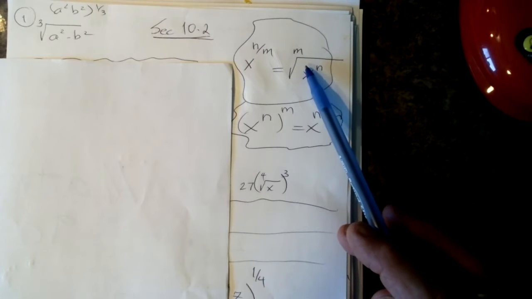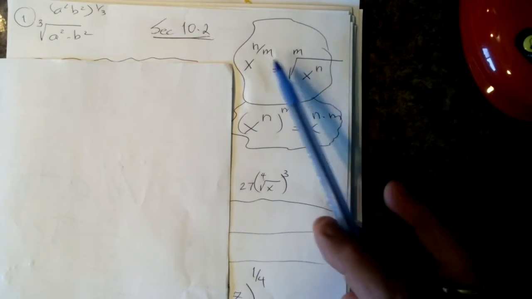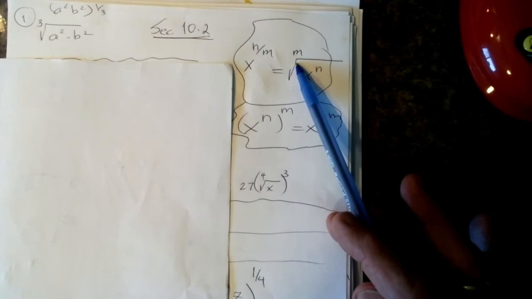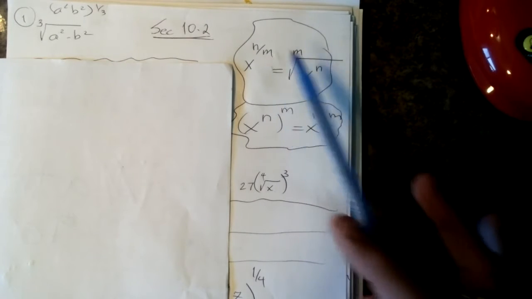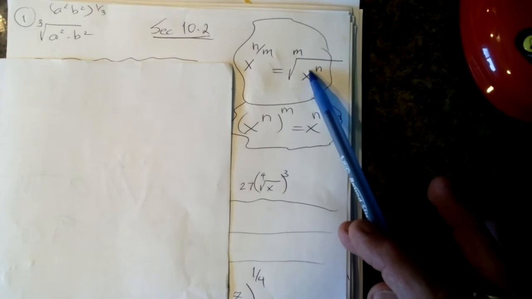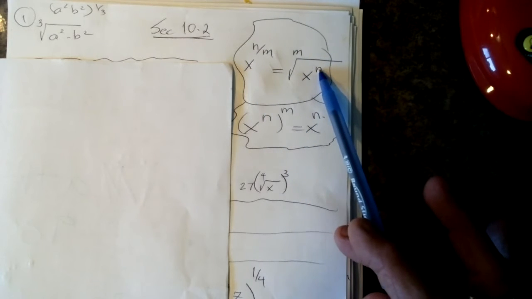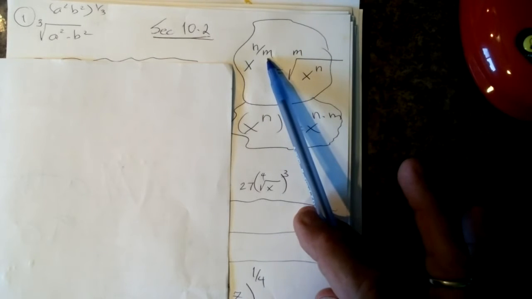You could always convert a radical into exponential form, which means you go from radical to exponent. To do that, you write your base, and then you take this power divided by the root.